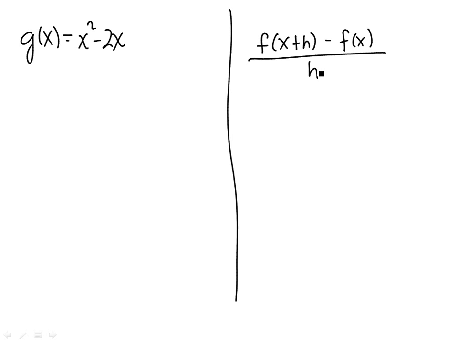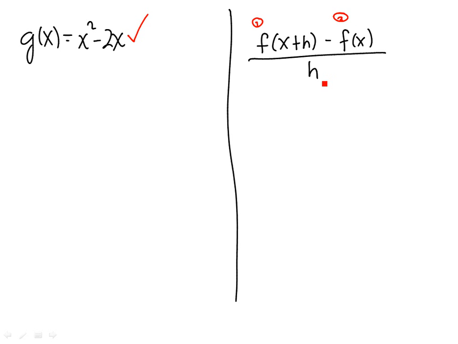Again, we need to know what f of x plus h is. We need to know what f of x is. That's already taken care of. And we divide all of that by h.